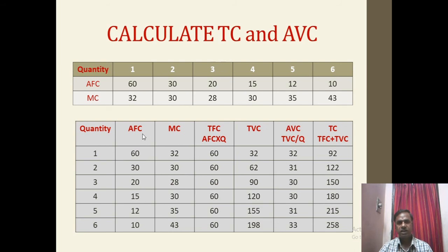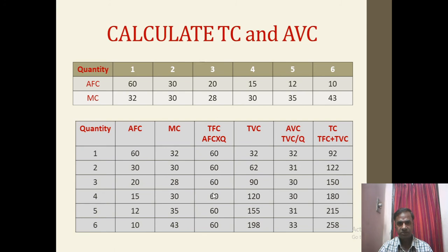To find the AFC, we need TFC. To find MC, we need TVC. So that's why. First, to find the AFC, we will find out TFC. To find TC, we need TFC and TVC. To find AVC, we need TVC. So first, we need TFC and TVC.